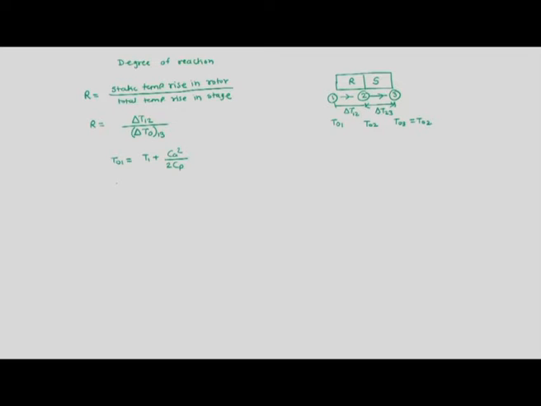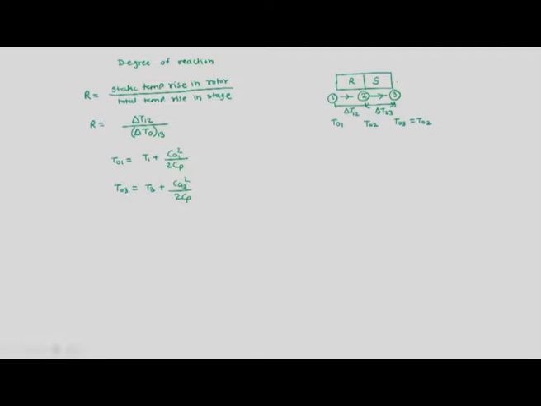So similarly, T naught 2 is equal to T2 plus Ca square upon twice Cp. If we go to 3, then we can write T naught 3 is equal to T3 plus Ca3 square divided by twice Cp.